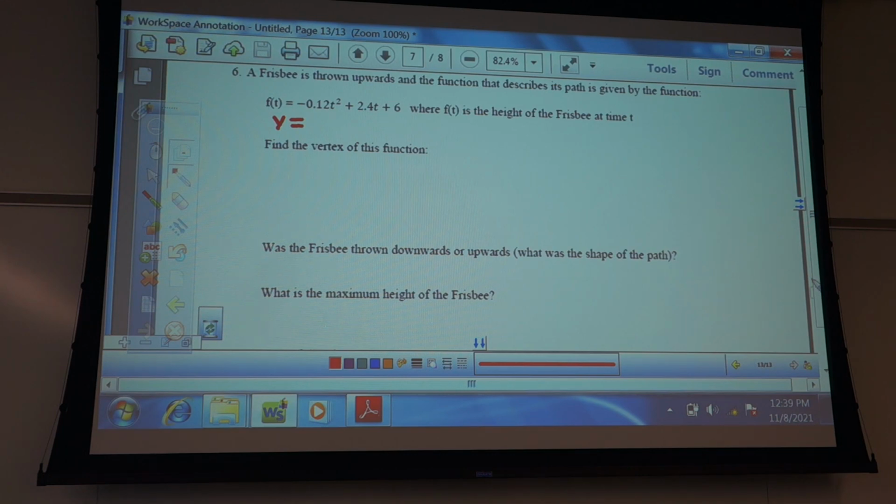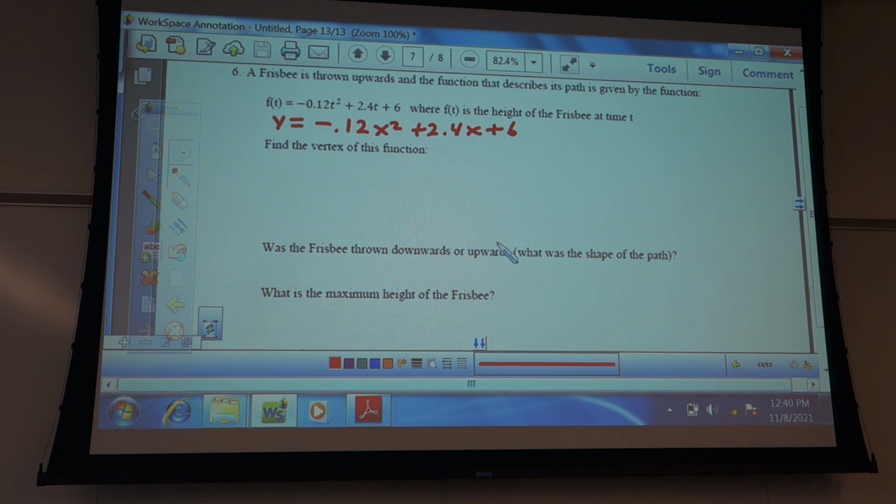And just instead of t, write x. So everybody has this? Is that right? That should be what everybody wrote down? Okay, instead of t, you're going to write x instead.